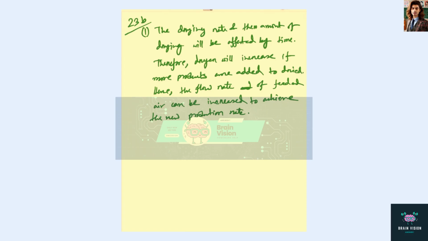Okay, the next problem asks us: an obvious option is to buy another dryer like the existing one and operate the two in parallel. We need to give two advantages and disadvantages of this option. Now the advantages are: it is easy to double the production rate, as this would accurately and effectively double the rate of production.